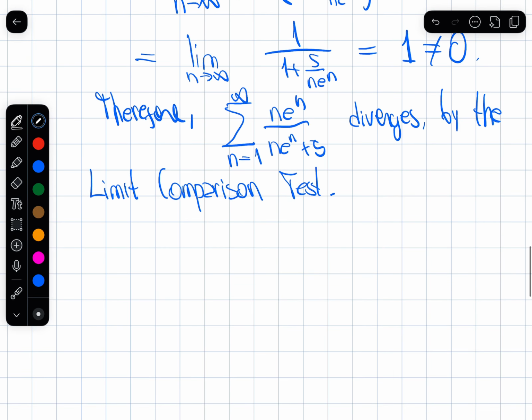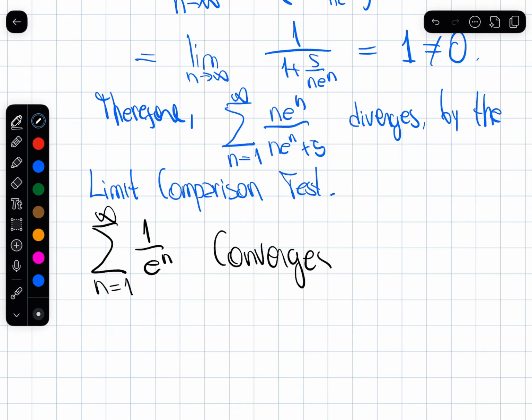And here's something that I'm going to show. For example, if you have something like this, this converges. You can try it yourself. I'm not going to solve it. And that's because of the integral test. Right? That's because of the integral test.